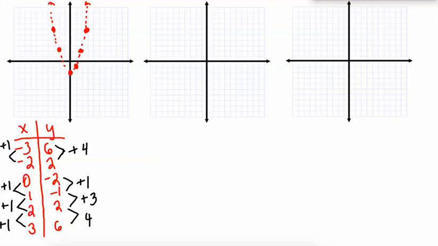So it looks like, let's go back over here. We added 2, and here we added 4. So it looks like we don't have a constant rate of change.